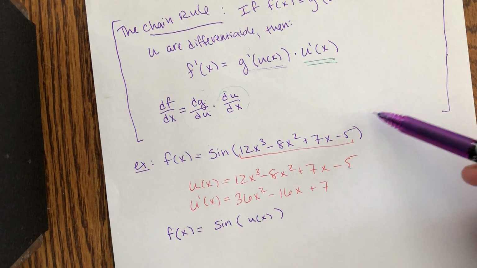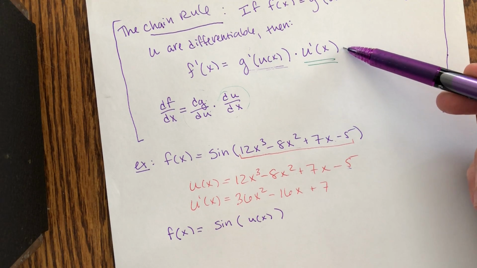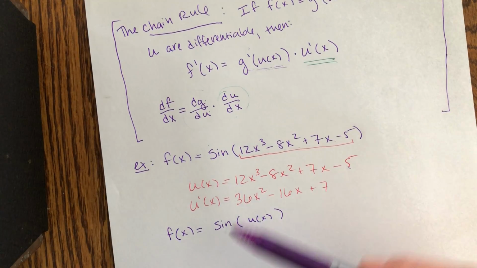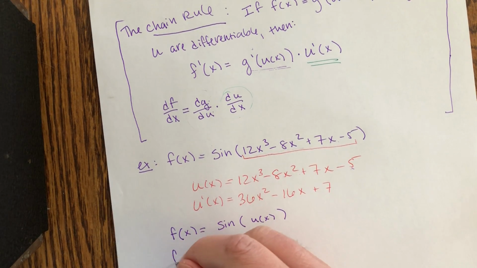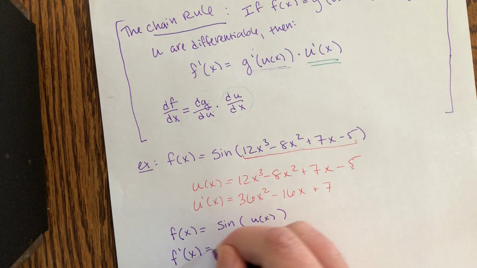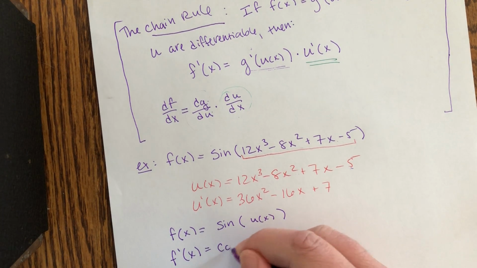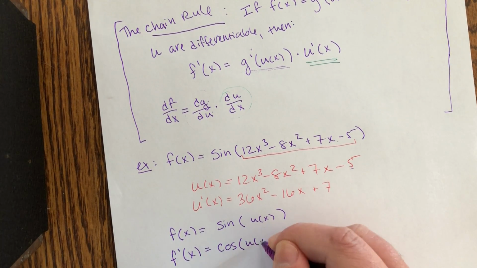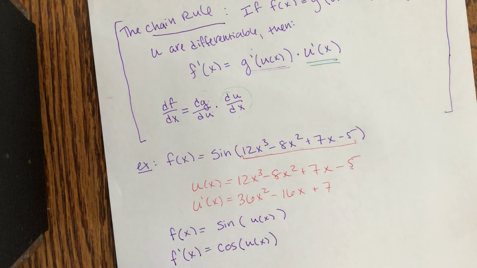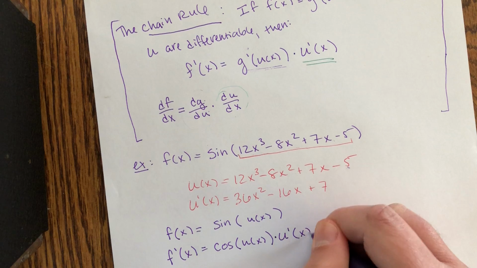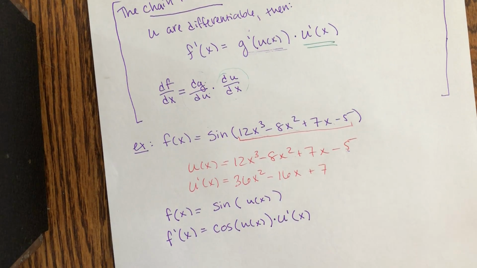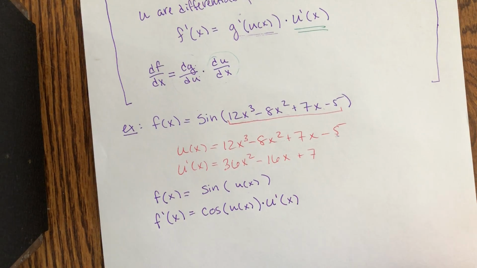So according to the chain rule, to take the derivative of f, I need to take the derivative of g, that's the derivative of sine, with respect to u of x, and then multiply by u prime of x. So f prime of x is going to be the derivative of sine, which is cosine, with respect to that u of x. And finally, the chain rule says then we multiply by u prime of x. Right? This looks a little convoluted. Don't worry, it'll get easier the more you practice it.